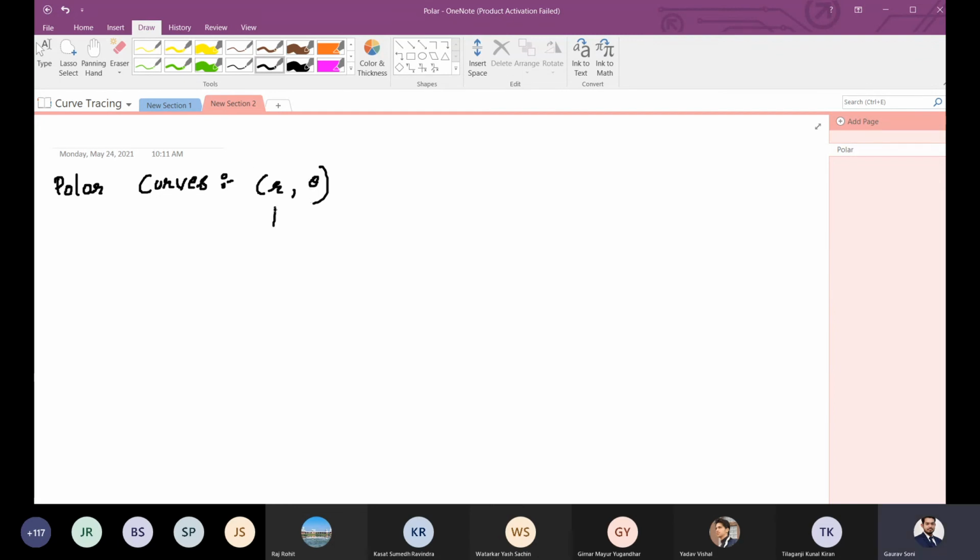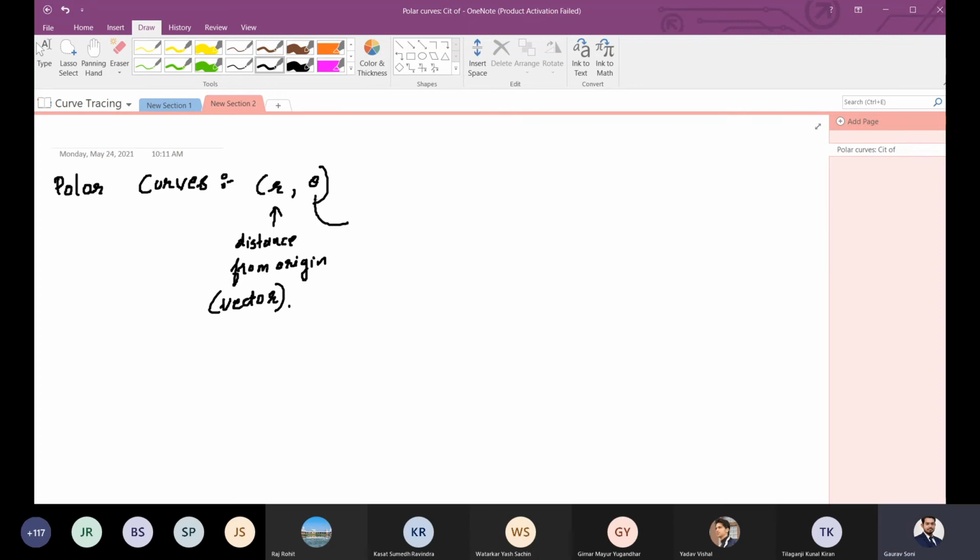What is r? r is the distance from the origin, which can also be treated as a vector, starting from the origin and ending at a certain point.